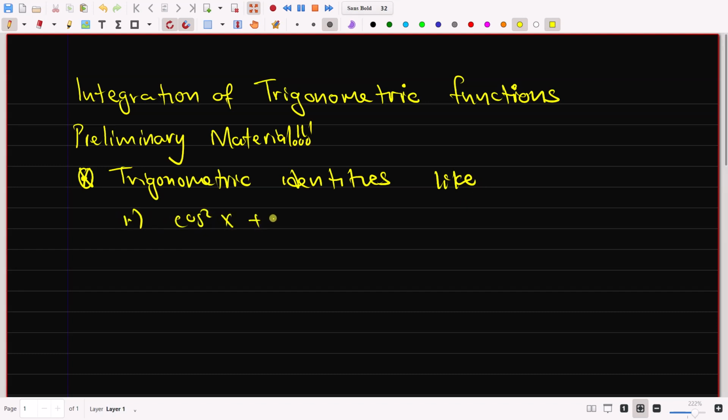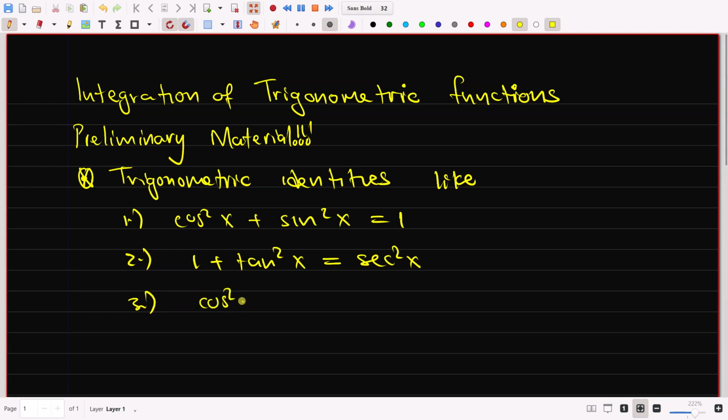Cos squared x plus sine squared x is equal to 1. Then 2, you also have to know that 1 plus tan squared x is equal to sec squared x. Then 3, you also have to know that cos squared x minus sine squared x is equal to, there are three versions of this one.